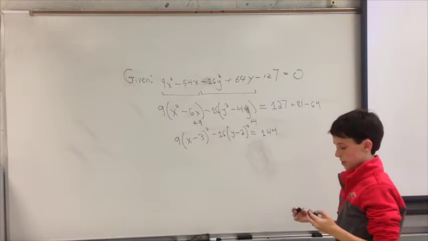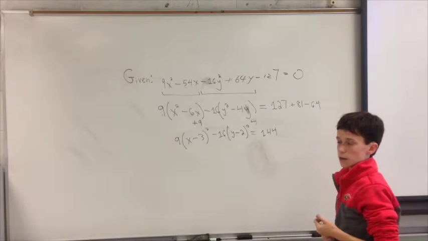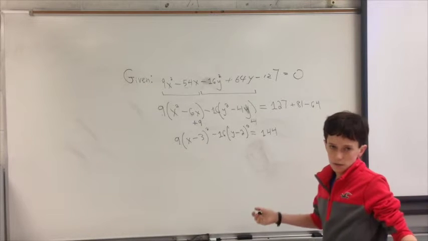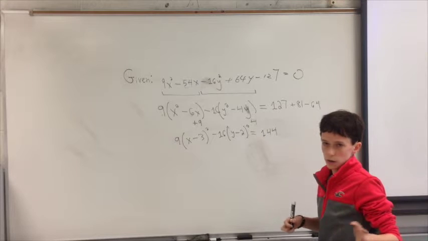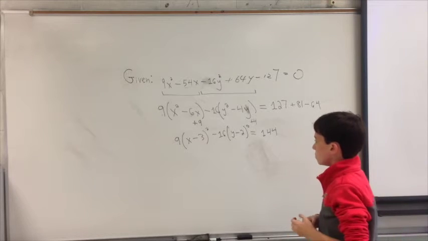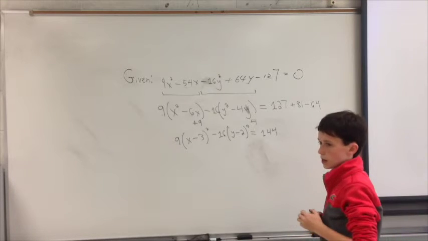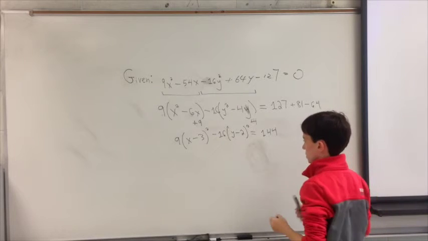Now, the rule for a standard form of either an ellipse or a hyperbola, and since this video is about hyperbolas, you know it's a hyperbola, is that you always have to have the other side of the equation equaling 1.